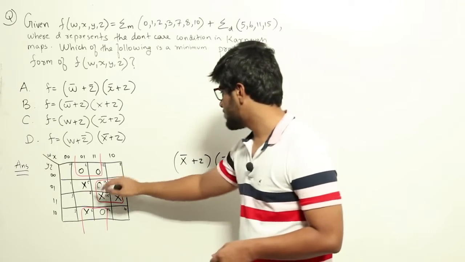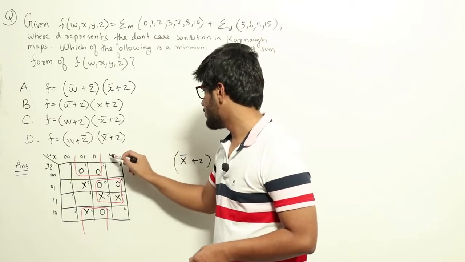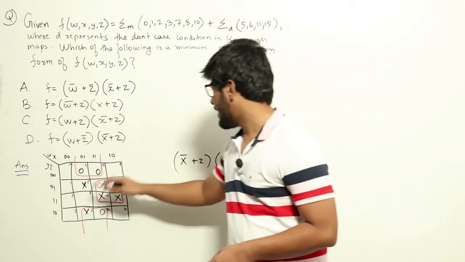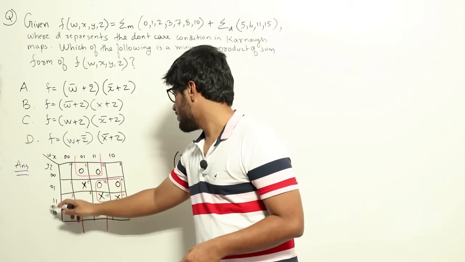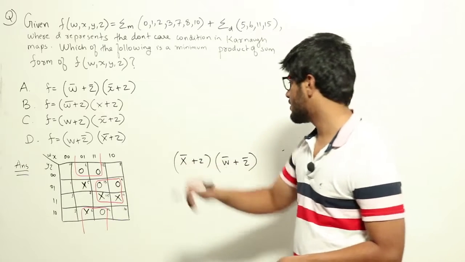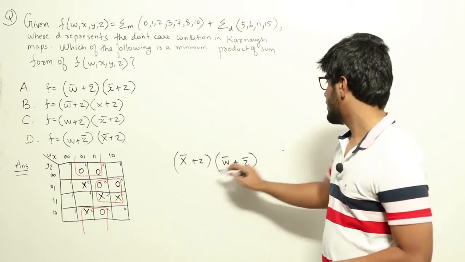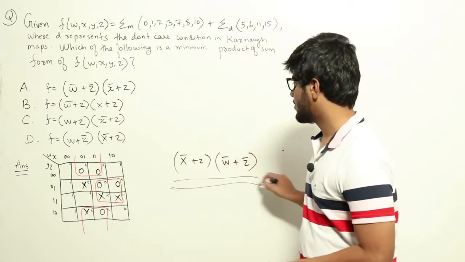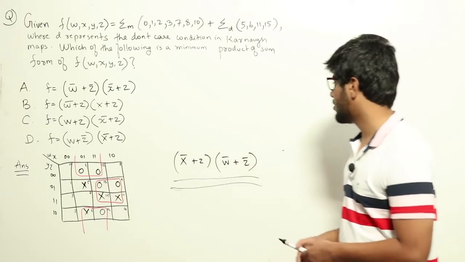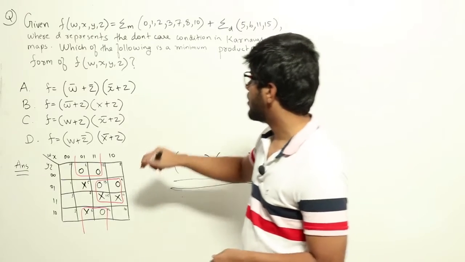Into, for this block w is 1 to 1, so we take w complement, and y changes from 0 to 1, and z is constant 1 to 1, so we take z complement also. So this is the expression for these two blocks. The final is (x complement plus z) into (w complement plus z complement). Now if you look at the options, that is option A.